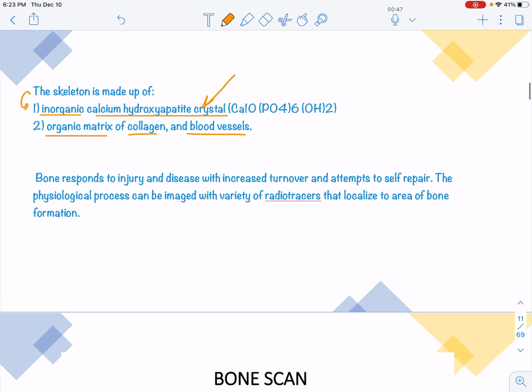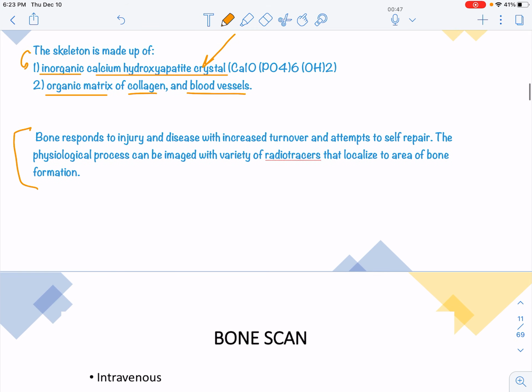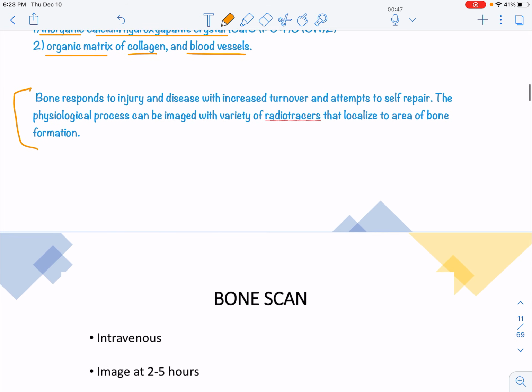وهذا explanation إنه إيش اللي إحنا بنسويه، إنه we know that the bone responds to injury and disease with increased turnover and attempt to self-repair. The physiological process can be imaged، وهذا اللي احنا بنسويه في nuclear medicine، ان احنا we are imaging the physiological part.